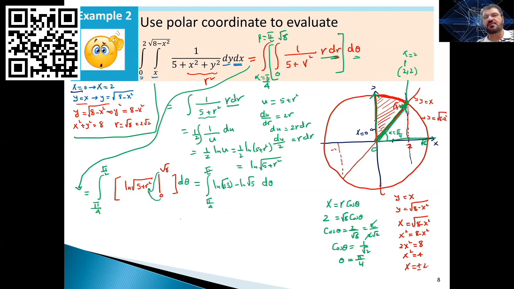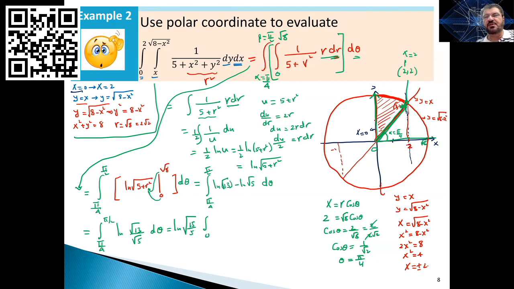And this can be written as the integration from pi over 4 to pi over 2 of ln of square root of 13 over square root of 5 d theta. This constant can go out, so this is ln. I can put all of them in one piece under one square root.